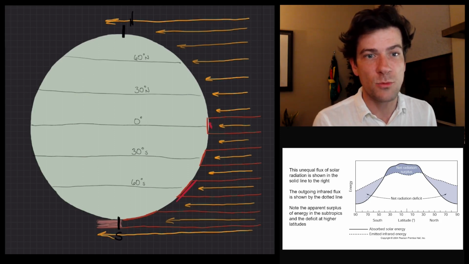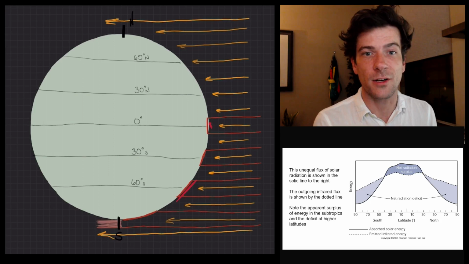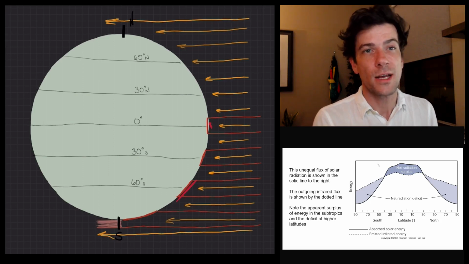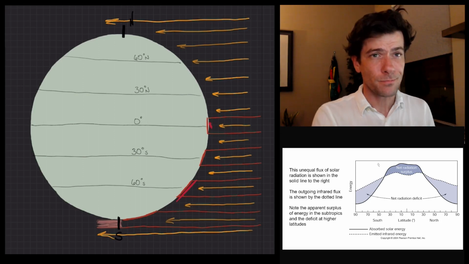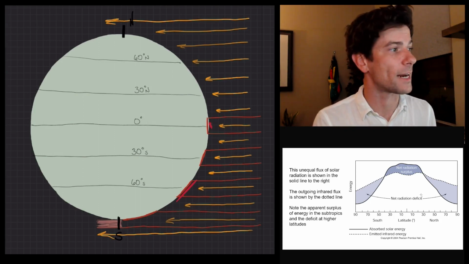Then as you move north of 30 or 25 degrees north or so, it starts to drop off pretty quickly. There's substantially less energy per square meter at the poles than at the equator. So the energy coming from the sun is not distributed evenly across our surface. It's concentrated at the equator, and we get less energy at high latitudes.